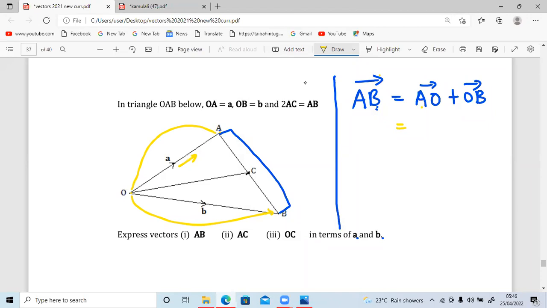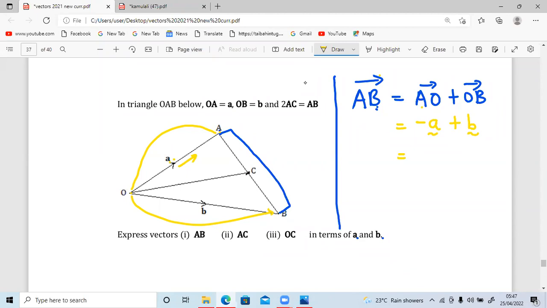Since you are moving in the opposite direction, you cannot write A, because A to O is represented by negative A. Then plus O to B, which is positive B. Very good.